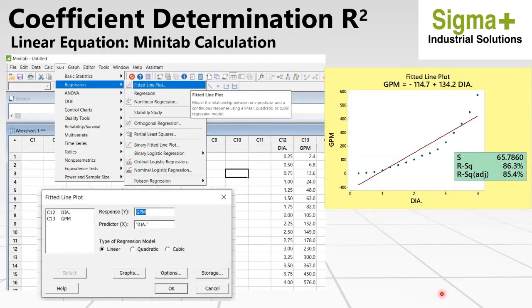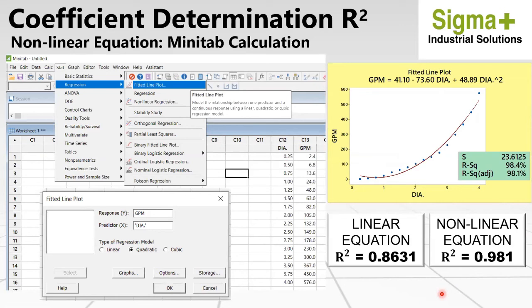Okay, now if I want to repeat the same calculation, but for the non-linear equation, we will do the same steps we did before, but the only difference is that instead of the linear, we will choose the quadratic equation.